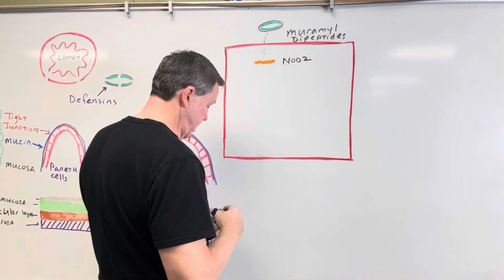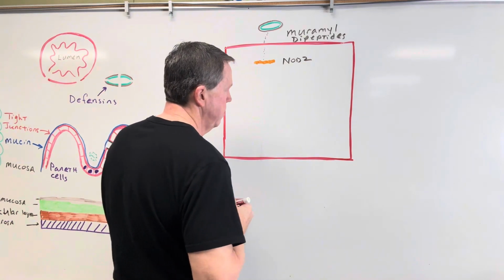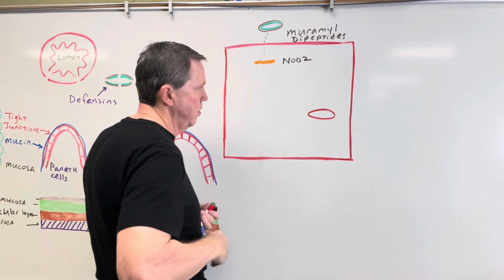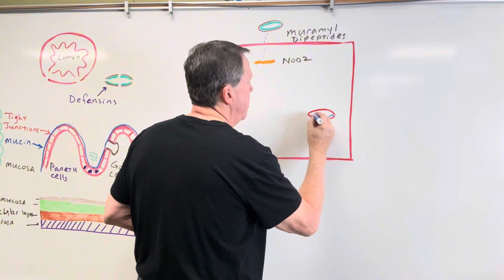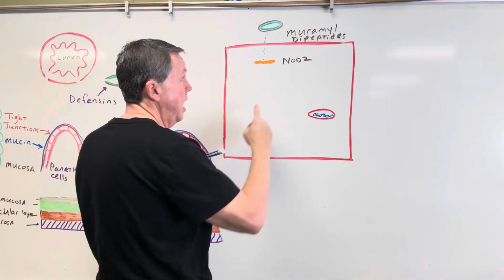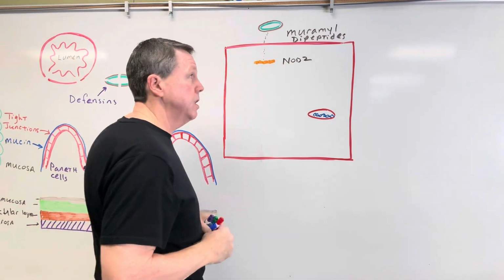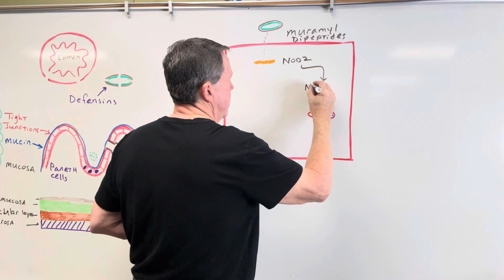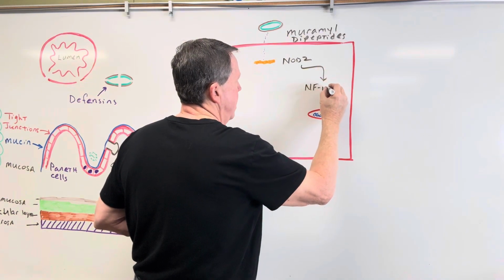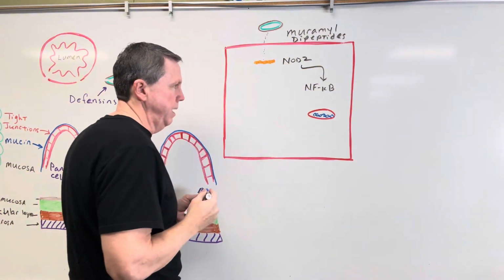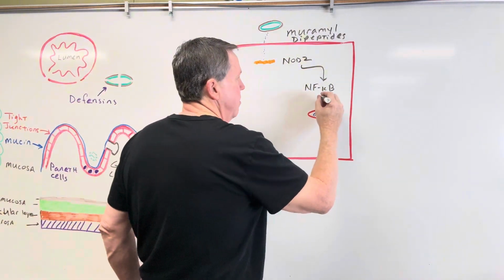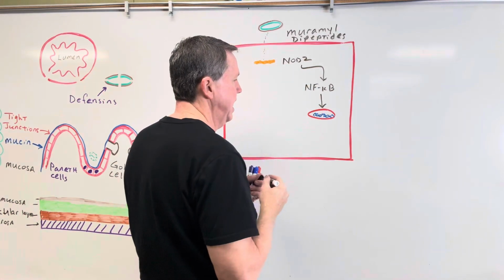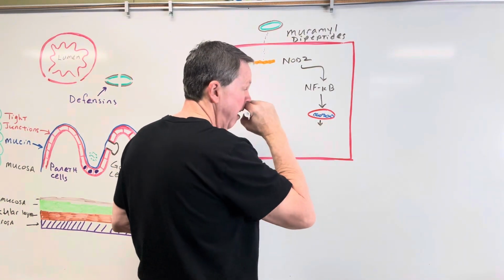Now on the inside of your cell, you also have something called DNA. So here's my nucleus, and inside the nucleus, I have DNA. When this NOD2 becomes activated, I'm not going to go through all the steps, but it's going to cause the activation of something called nuclear factor kappa B. Okay, nuclear factor kappa B. Then it's a transcription factor, so it's going to latch onto that DNA and cause the release of cytokines.